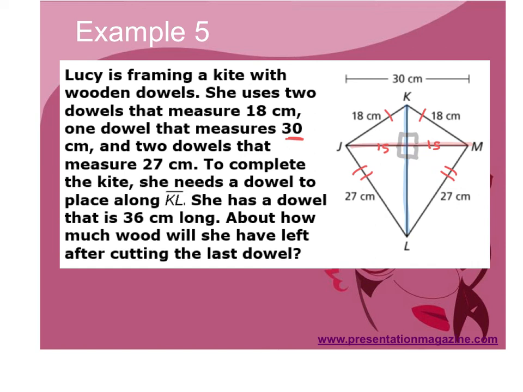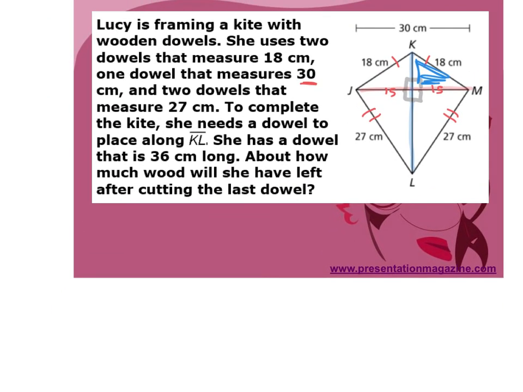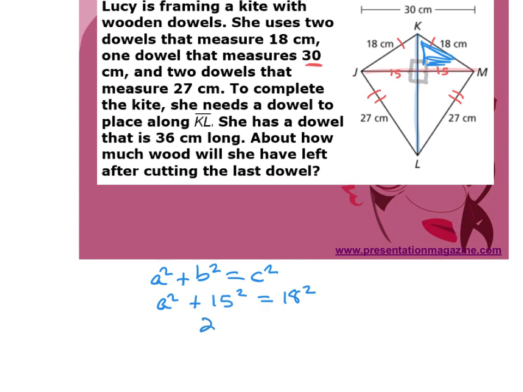So I'm going to do Pythagorean theorem for this triangle. Let me go down here where you can maybe see it a little bit better. I'm going to be doing a squared plus b squared equals c squared. So a squared is what I'm solving for. B squared is the 15. And then the hypotenuse is that 18. So a squared plus 225 equals 324.